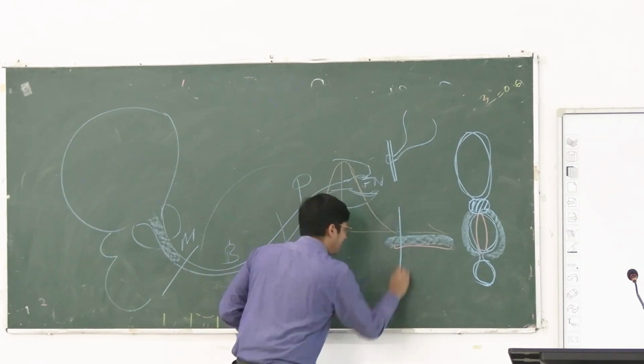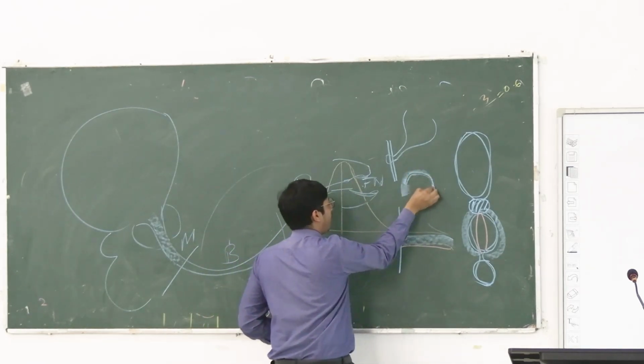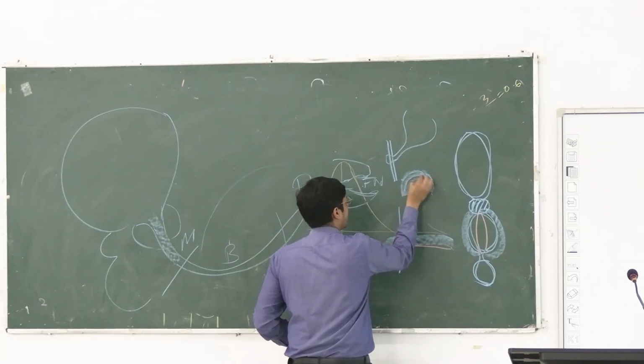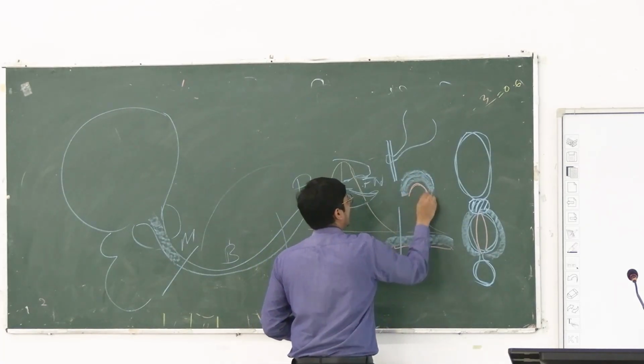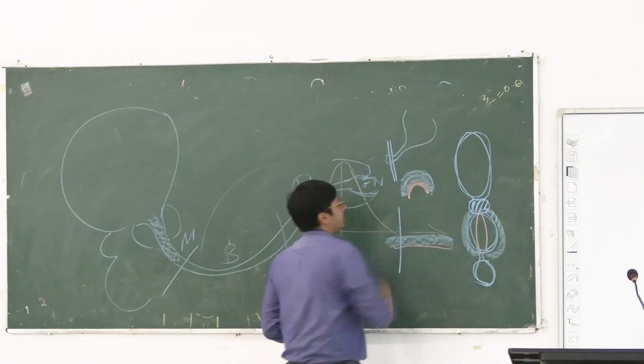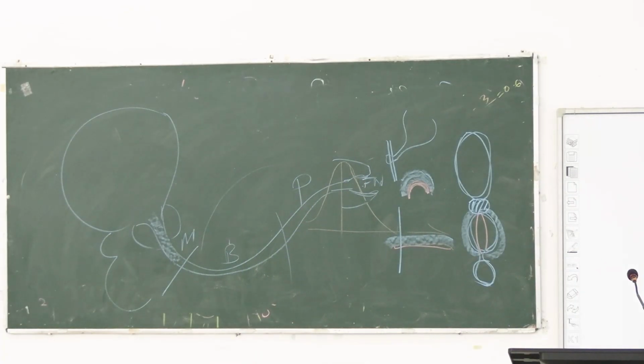So if we again cut this from here, we will see a growing genital fold like this and the urethral fold inside like this. Okay. So this is how the penis starts to form in the body.